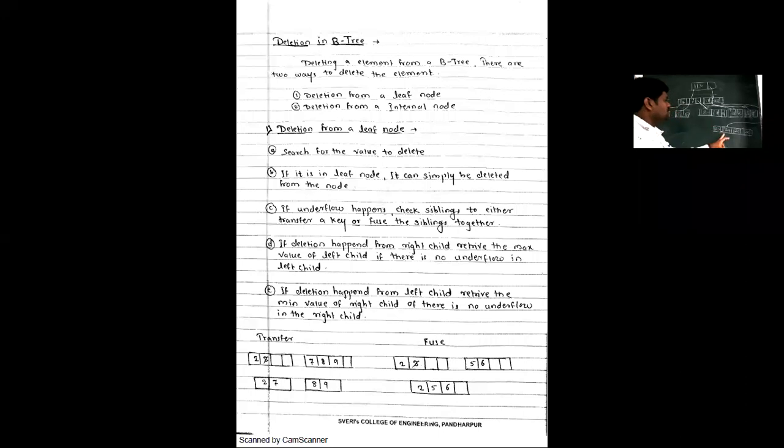Now suppose you want to delete 20. What you need to do? You need to do some modification. You need to pull this element up, so 23 you need to pull to the place of 20.